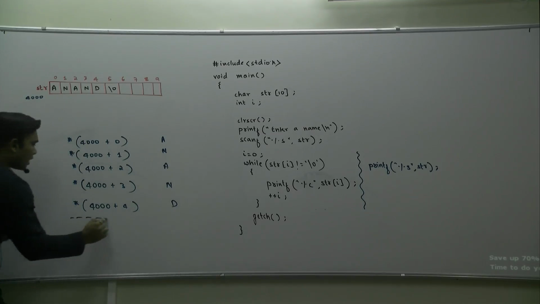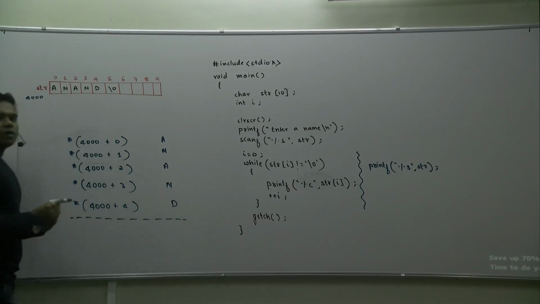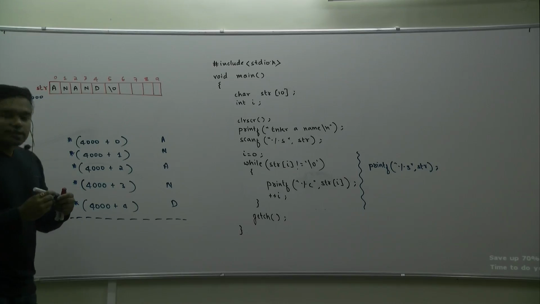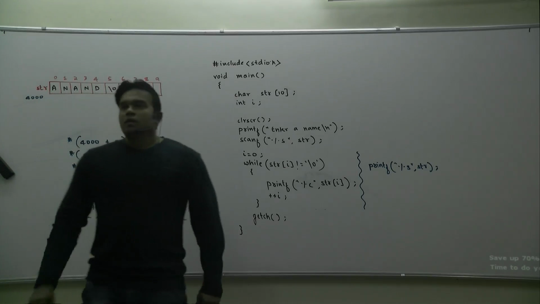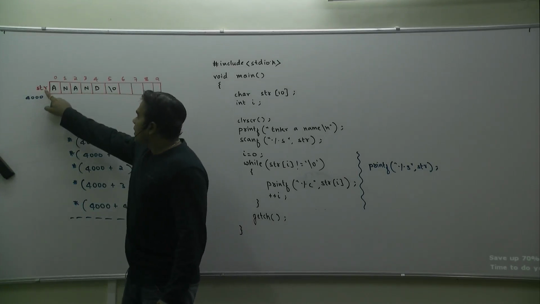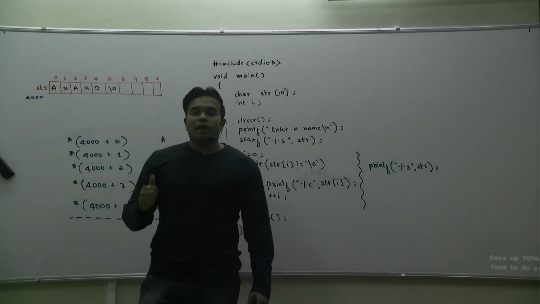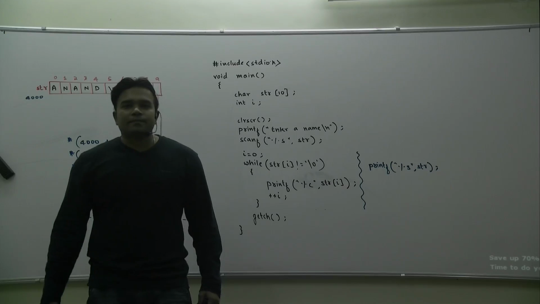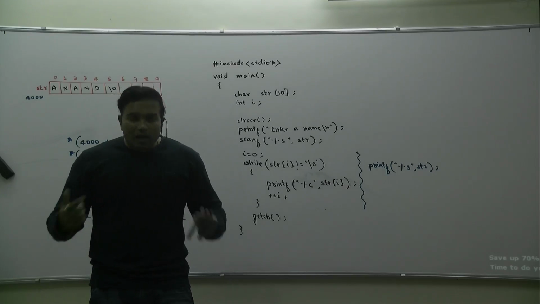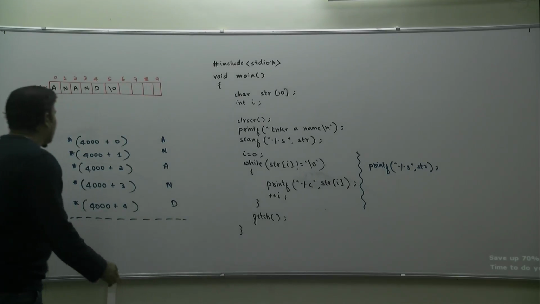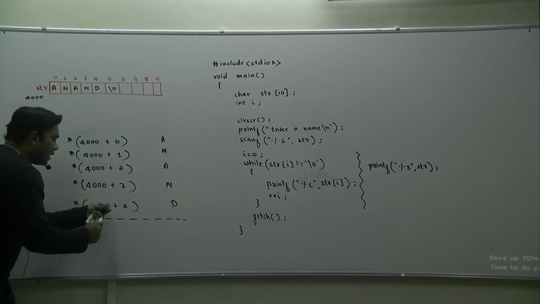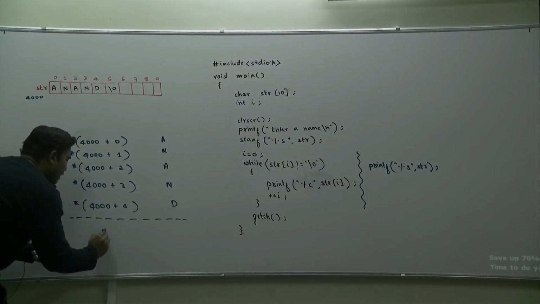So, in general, what can I write is the issue. What is 4000? Always remember, the name of the array will be the starting address of the array. Always remember that. Name of the array represents starting address. So what I have done is, instead of writing 4000, each time I have written str.